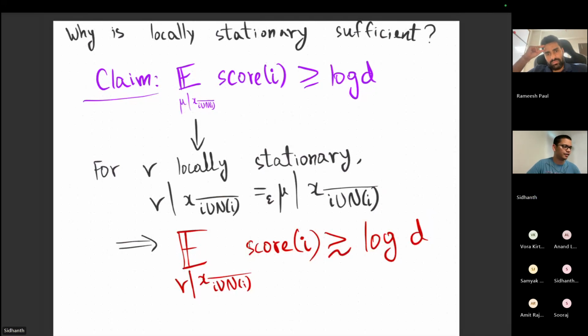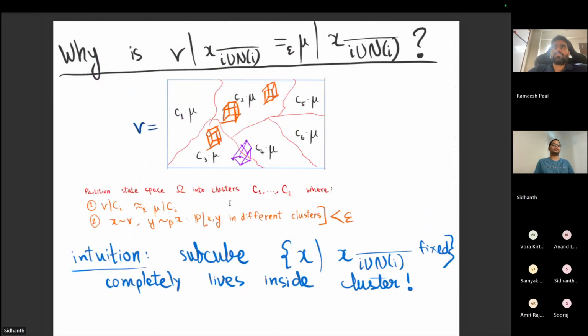Okay, so now the final technical portion is where I'll show you why a locally stationary distribution conditioned on a pinning is the same as the true uniform distribution of independent sets conditioned on the pinning. Here I've once again drawn the same intuitive picture that I used for illustrating locally stationary distributions.